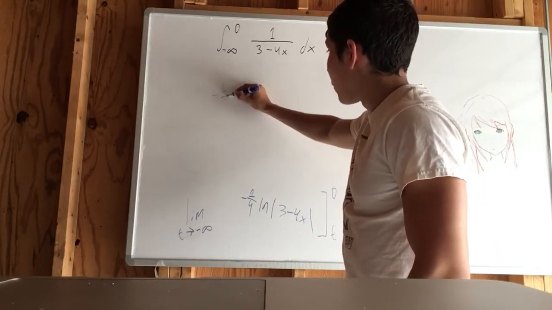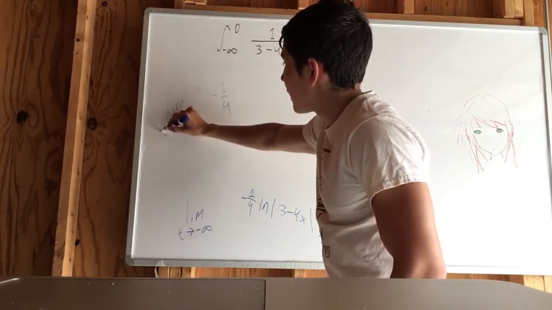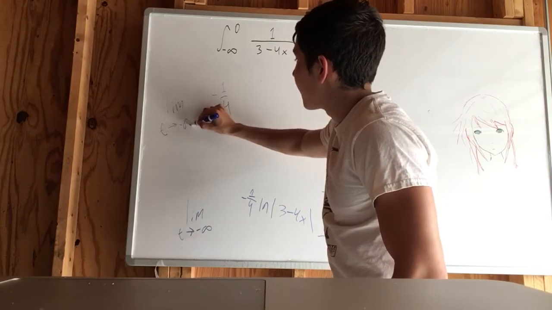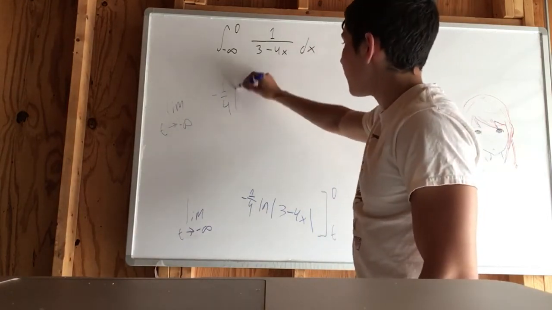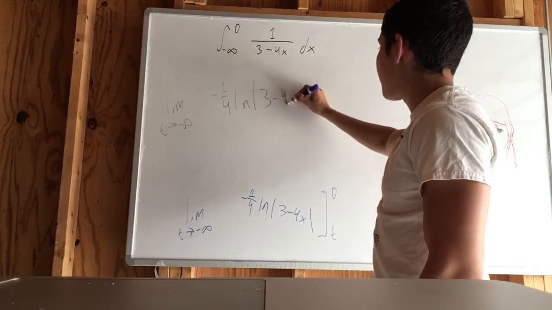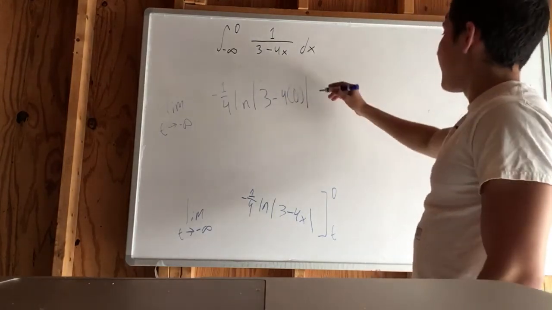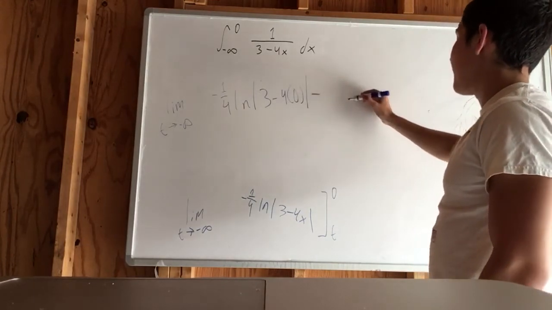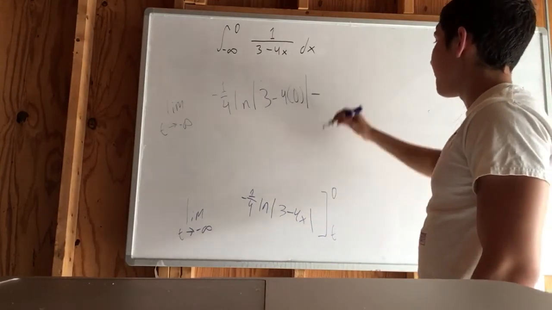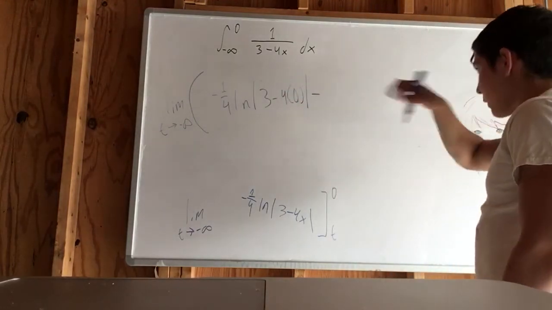Negative 1/4, we've got the limit as t approaches negative infinity of the natural log of the absolute value of 3 minus 4 times 0. And from this, we are subtracting when we plug in t. This limit is to the entire thing, so it's also to this.